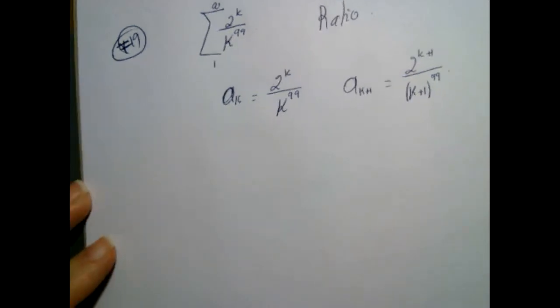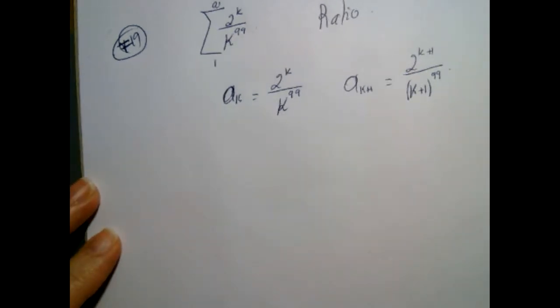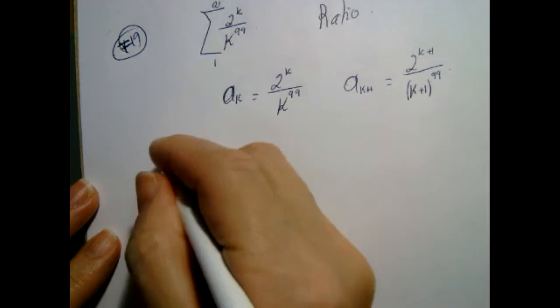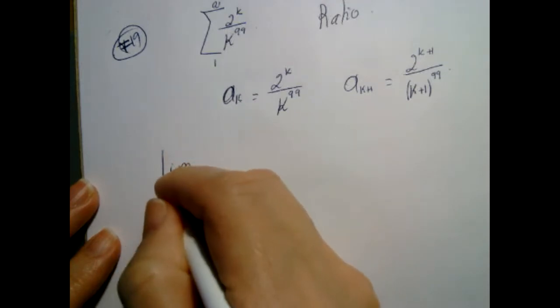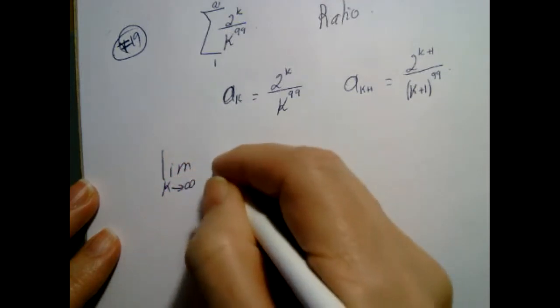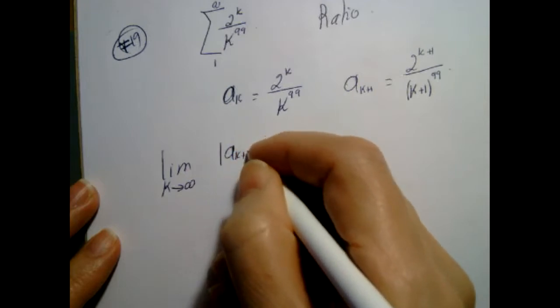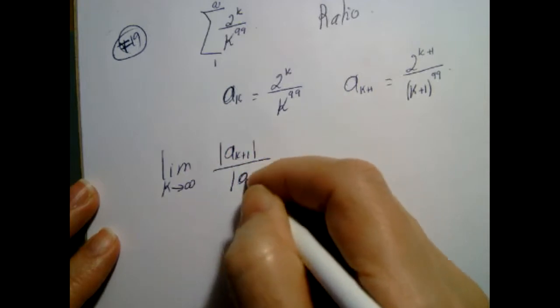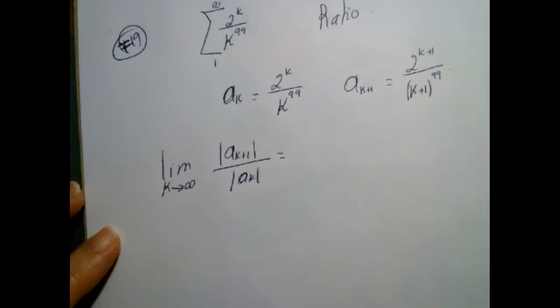Now I use the ratio test. So let me evaluate the ratio in this scenario, a_(k+1) over a_k, and see what we get.